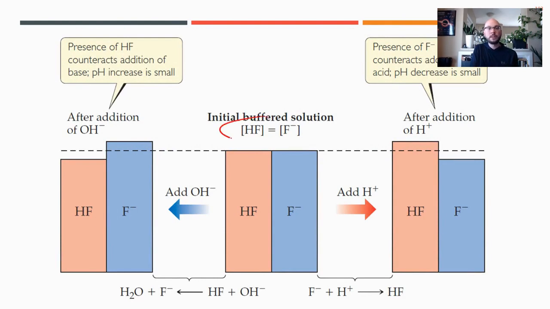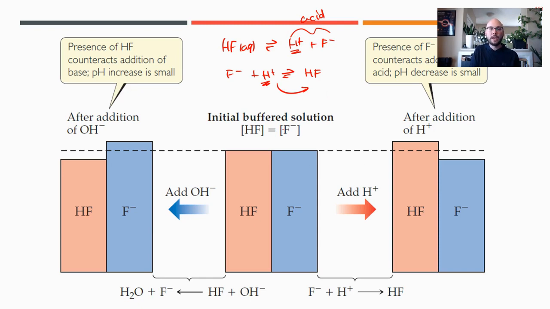So we can say that there is a buffered solution between these two things, right? HF is a weak acid, so HF will ionize to form H plus and F minus. The reverse of that is F minus and H plus produce HF. So this is acidic, right? And then when we have this being consumed and turned into this molecule, it's lowering the acidity.